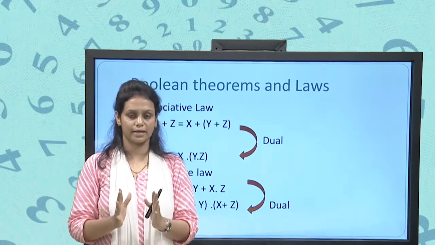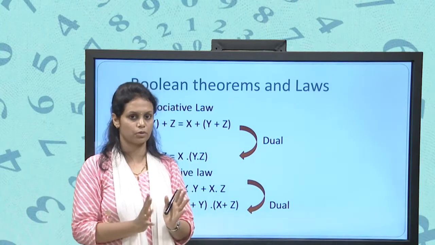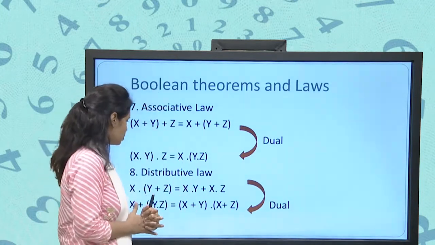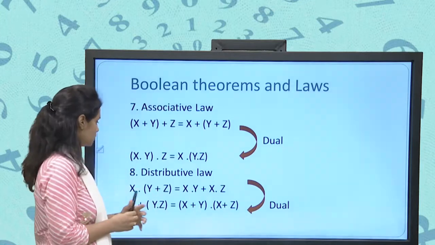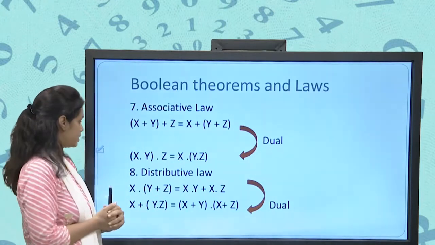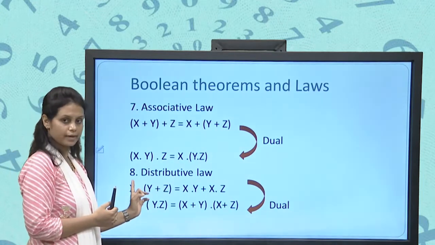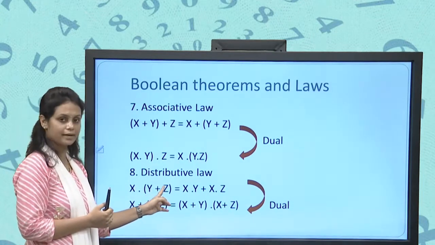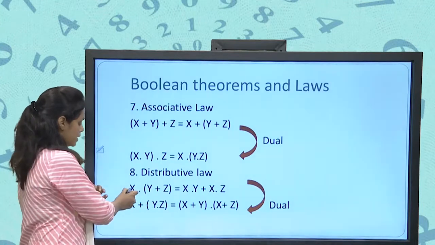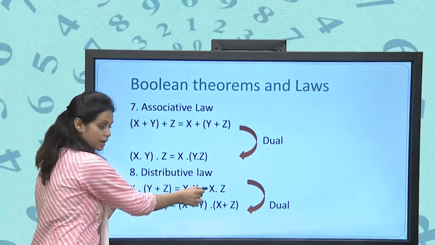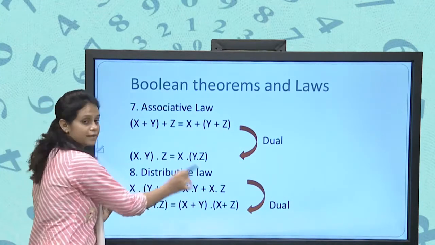So, we will see the same in Boolean algebra. Okay, what is the distributive law in Boolean algebra? The distributive law in Boolean algebra is x dot, y plus z, equals x dot y plus x dot z.